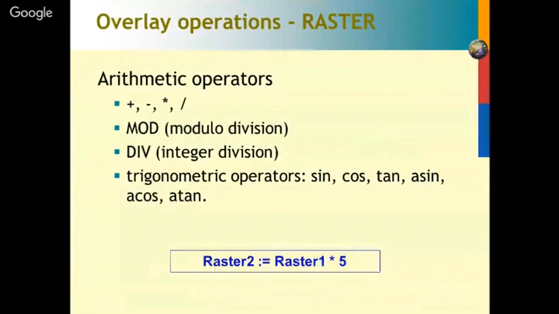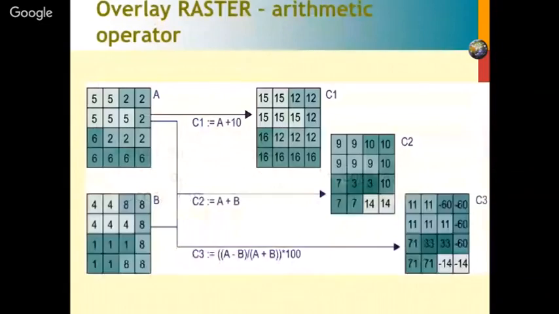These raster-based operations start from very primitive operations like arithmetic operations. Let's take an example where you have two features A and B, and in one case we just want to offset the data set by a particular value. We can do that to create a new data set.